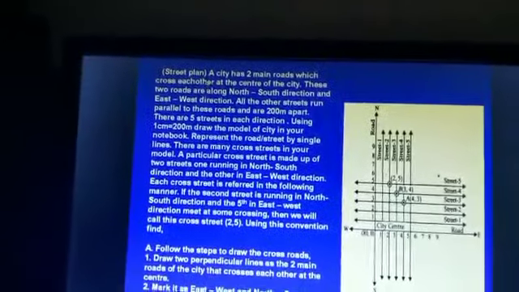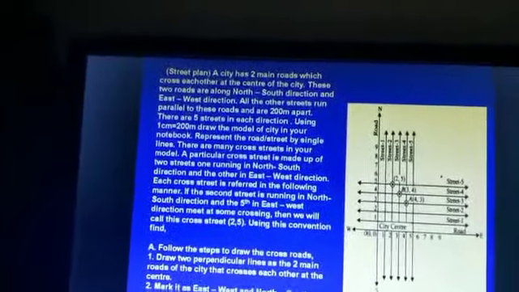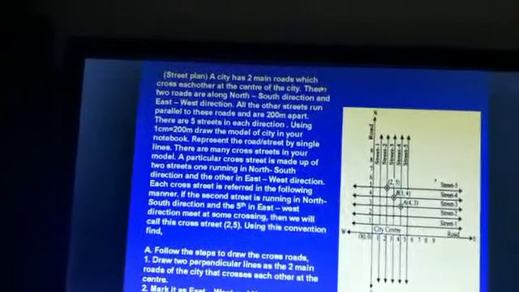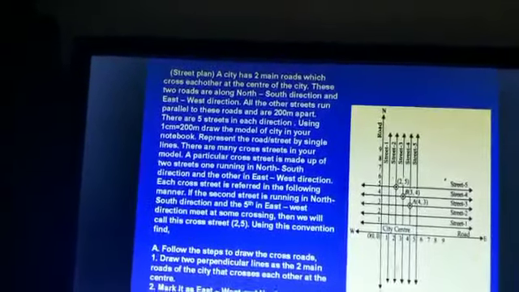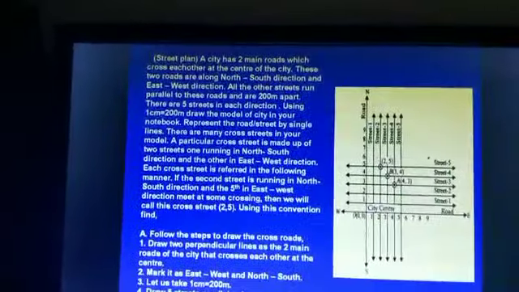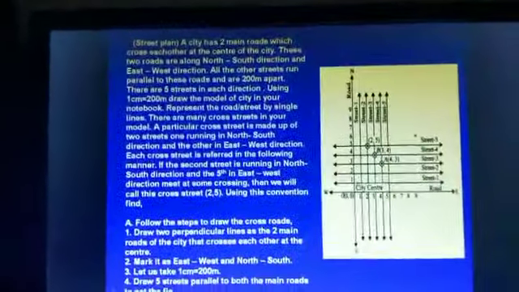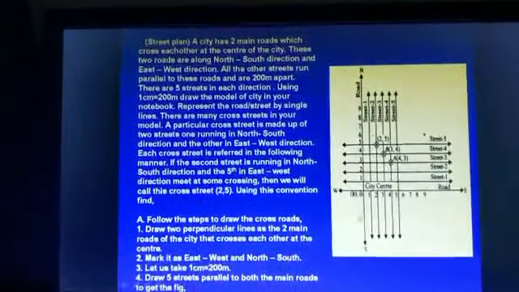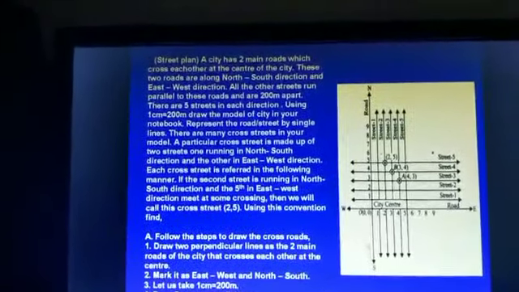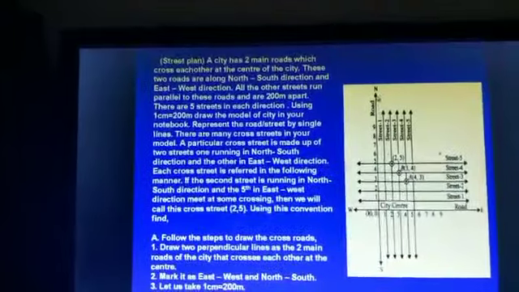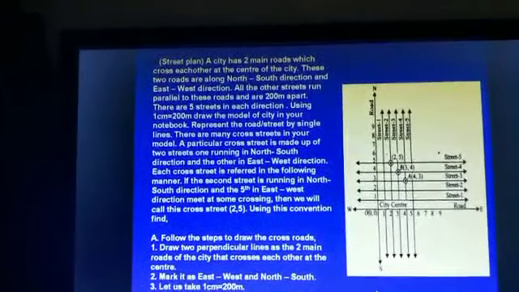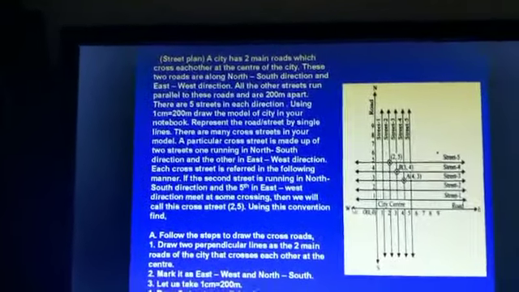Okay. This is a city. A city has two main roads. One is a north-south direction road. Can you see here? One is north-south direction, here to here. That is a vertical line. Now, one horizontal line.